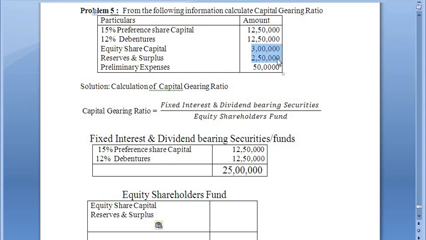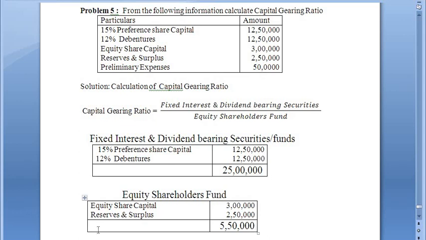Amount of reserves and surplus is 2,50,000. Okay, the total will be 3 lakh plus 2,50,000. It is 5,50,000. Okay, 5,50,000.